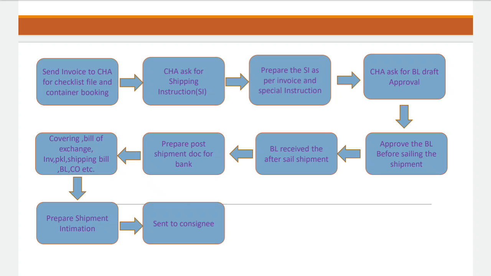Just like how this procedure happens: the shipment is done from the plant at Gujarat, and the CHA will send us the documents by courier, saying the shipment has been dispatched, along with the original bill of lading. But sometimes the shipping line office is available near our head office, then they directly provide the bill of lading without sending a courier.